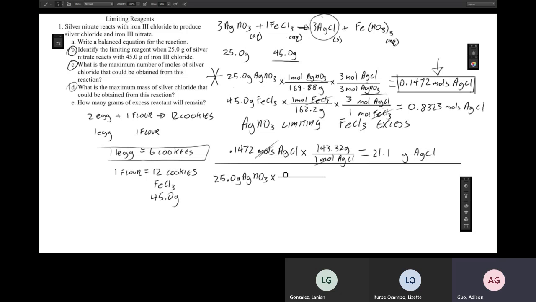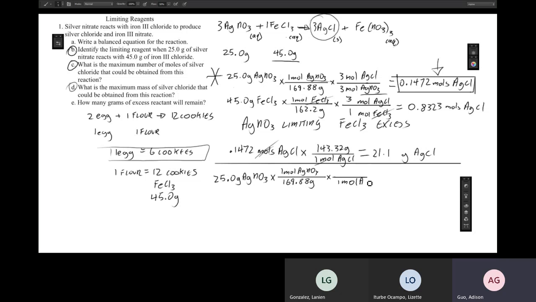So 1 mole of silver nitrate is going to have 169.88 grams. And then my next step is going to be figuring out how many moles of this iron chloride we're using up.